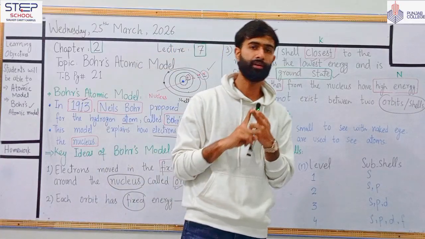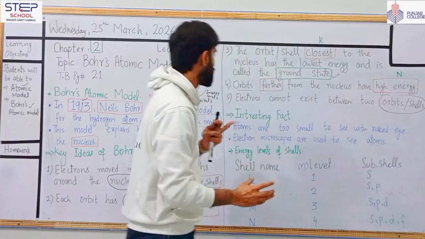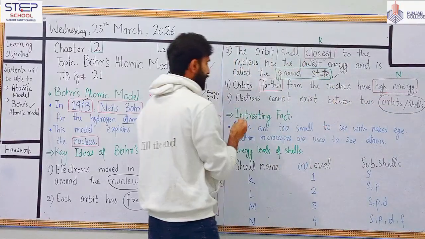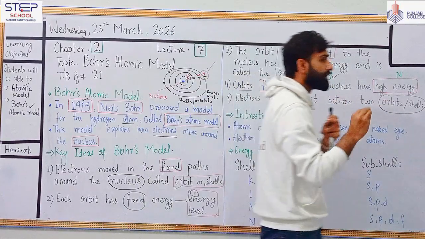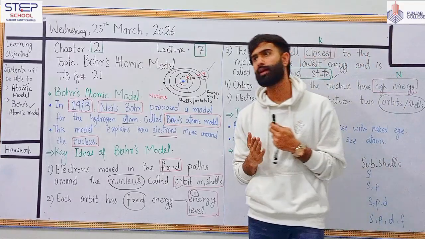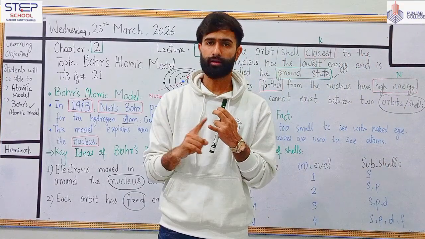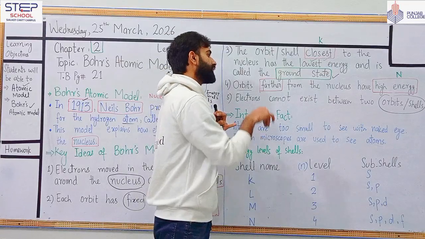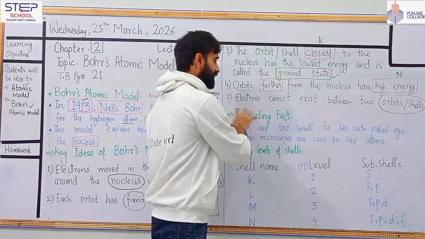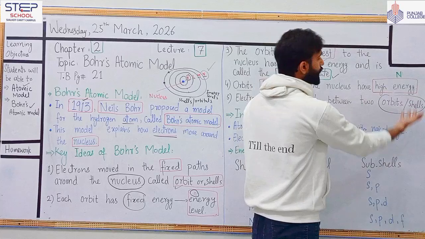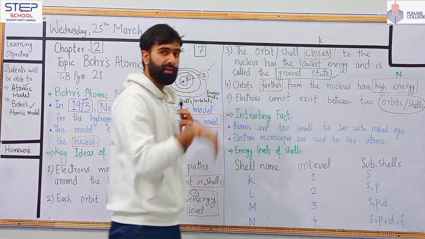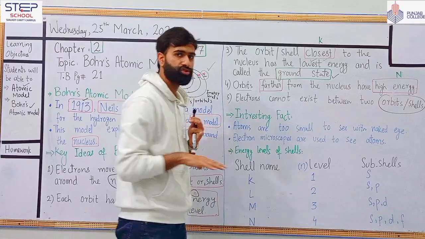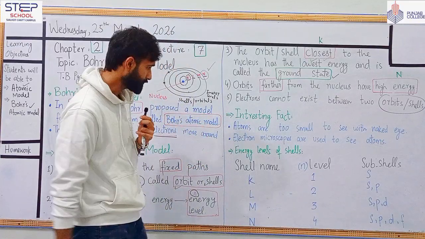So electrons cannot exist between two shells, or we can simply say that shells are the houses of electrons. Electrons live, are found, or revolve in their own orbit, in their own shell. I hope you get the point.